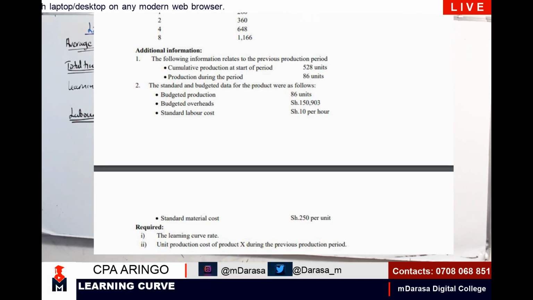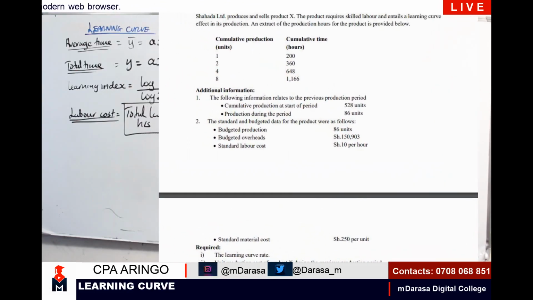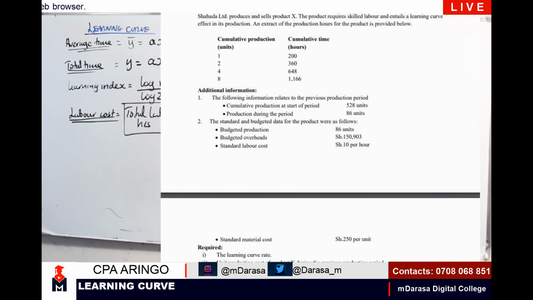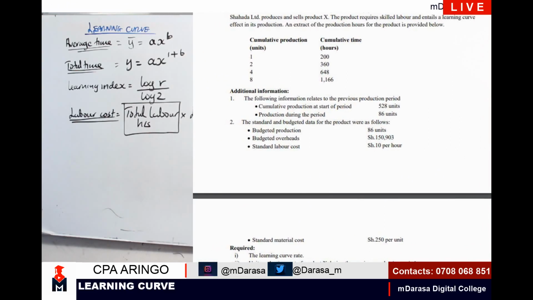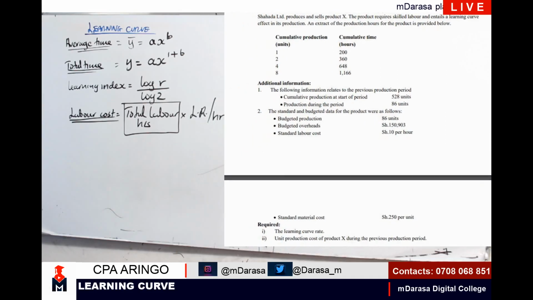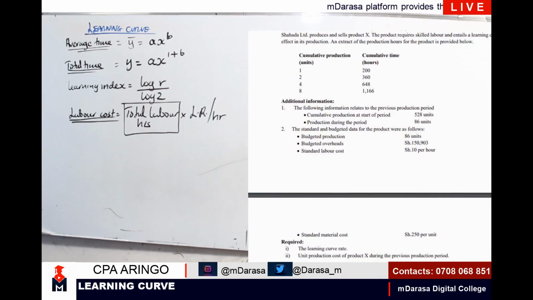So this is what I'm required by our examiner to work out. That is our question. Kindly take a screenshot of it. Mwalimu is going to have it on the corner here so that you can work it out as you're viewing the question. I believe that it will be visible to all of us.